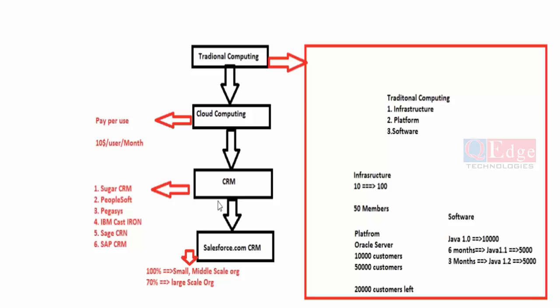See, if I go with Salesforce as a small scale industry wanting to develop a sales application, whatever requirements you have, out of 100%, 90 to 95% of the functionality was already developed by Salesforce.